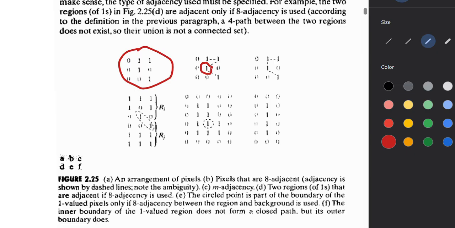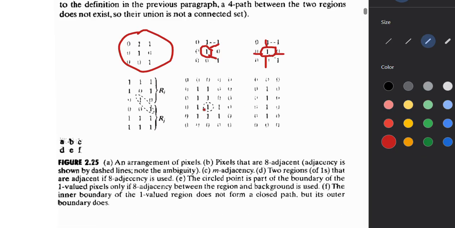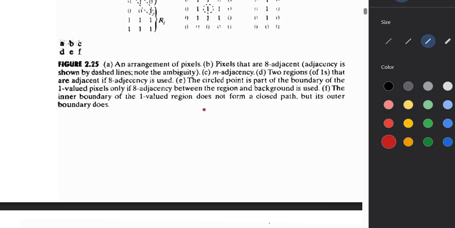The pixel 1 has its 8 adjacency neighbors as 1 and 1. In 4 adjacency, only the horizontal or vertical elements are considered adjacent, whereas in 8 adjacency, the diagonal elements are considered. And in case of M adjacency, 4 adjacency is given the highest priority.